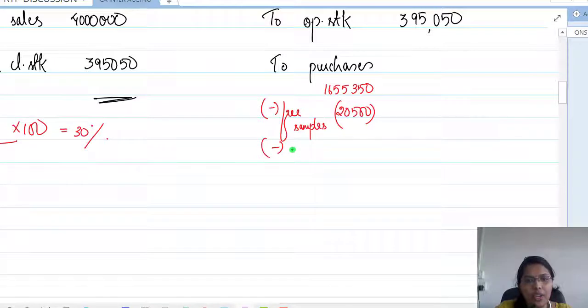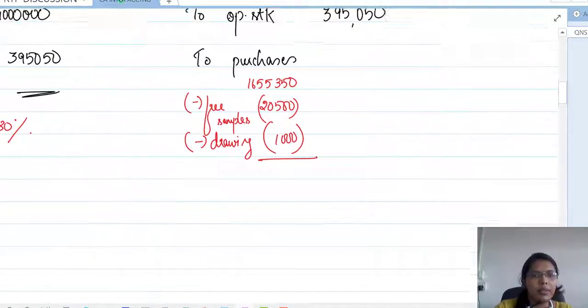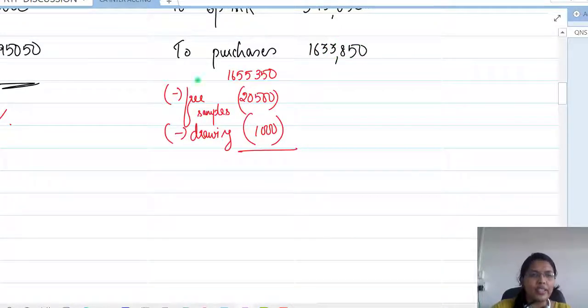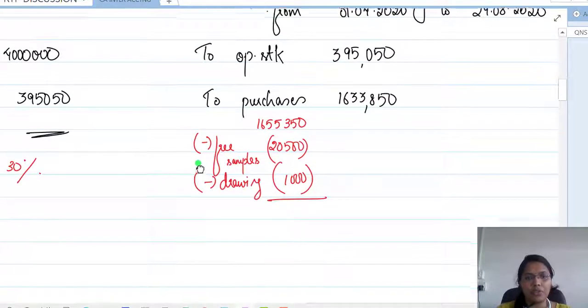So minus drawings 1,000. So therefore, my resultant purchases is going to be 16,33,850, which should actually be recorded as purchases in my trading account, ultimately having an effect on my gross profit.